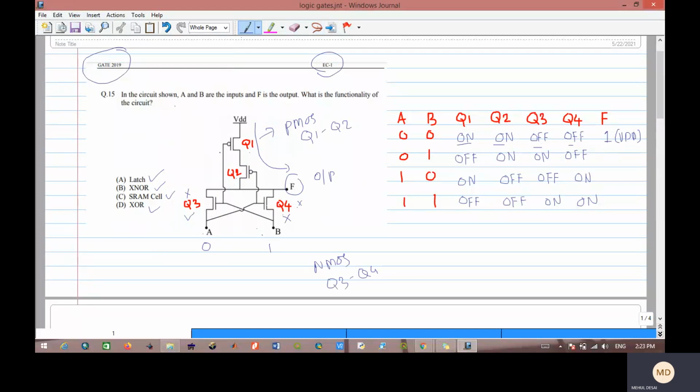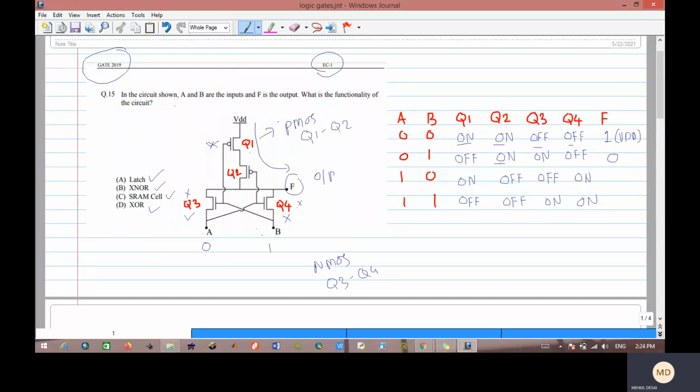Because of the 1 on B, Q1 is off, and the 0 is applied to Q2, so Q2 is on. But because Q1 is off, Q2 does not get VDD, so we get the output 0.